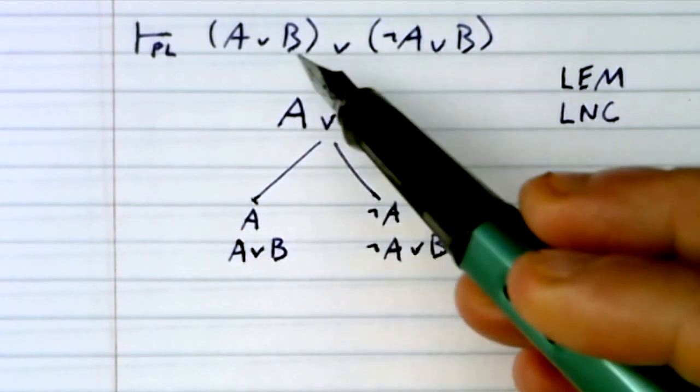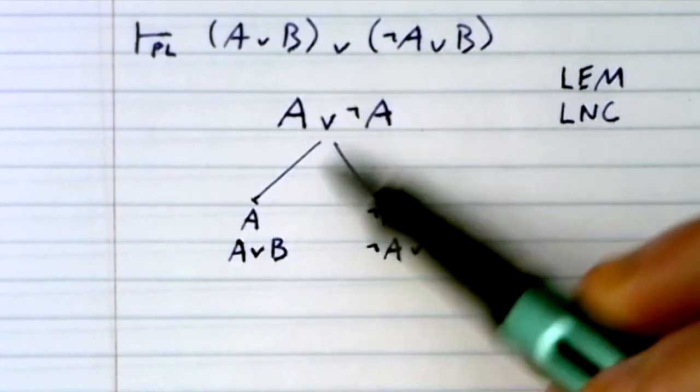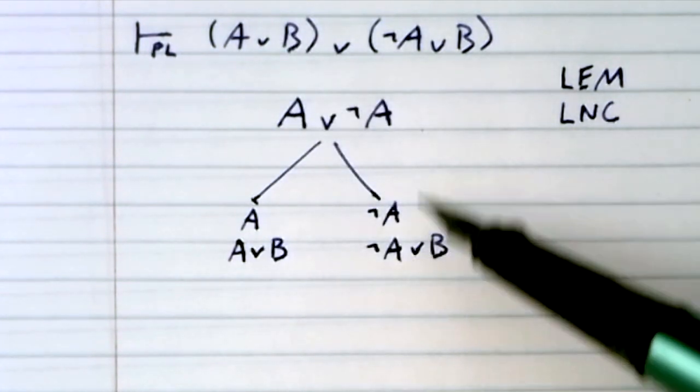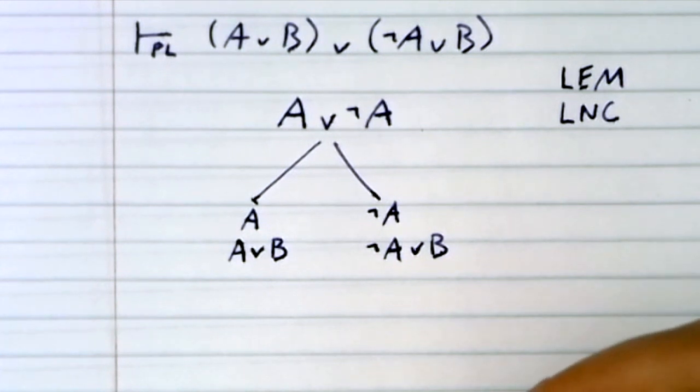And this whole thing, too, note, is a disjunction. And this is one of the disjuncts, and this is the other of the disjuncts.